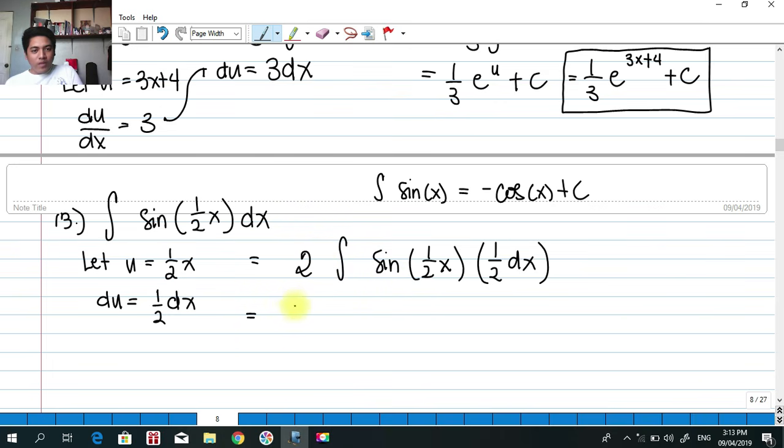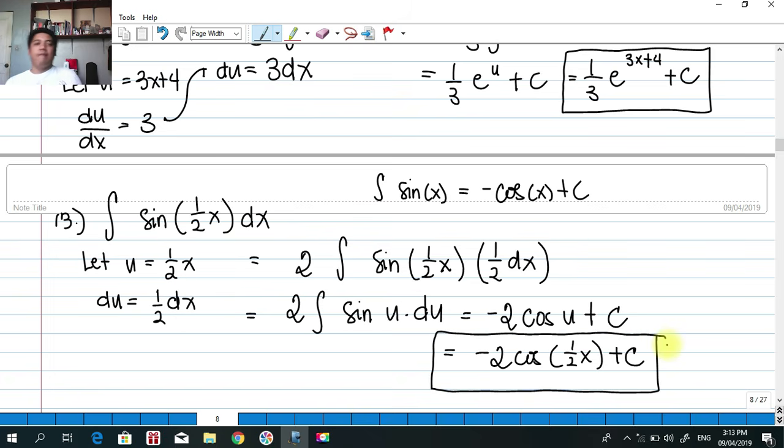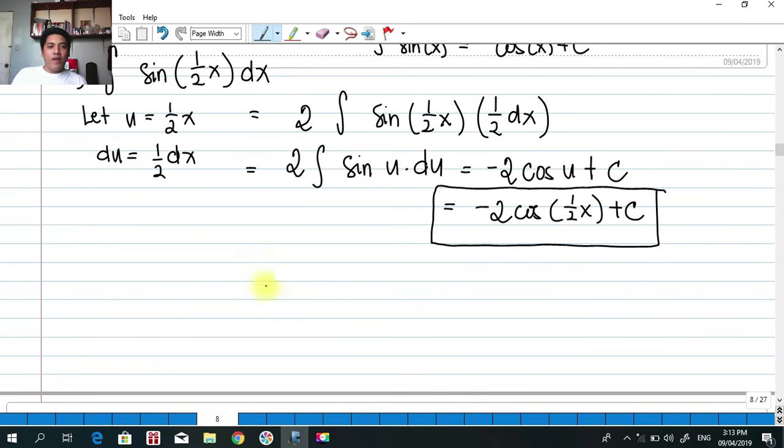So we have 2 times the integral of sine u du. We know that the integral of sine u du is negative cosine u, so we have the negative of 2 cosine of u plus c, or simply negative 2 cosine of 1/2 x plus c. This is our integral of sine 1/2 x dx.